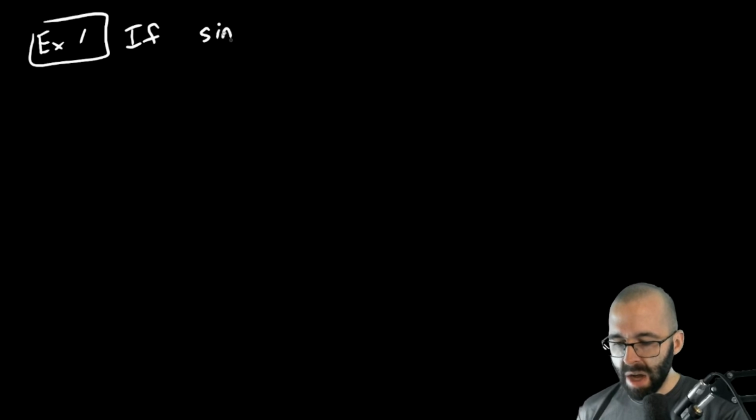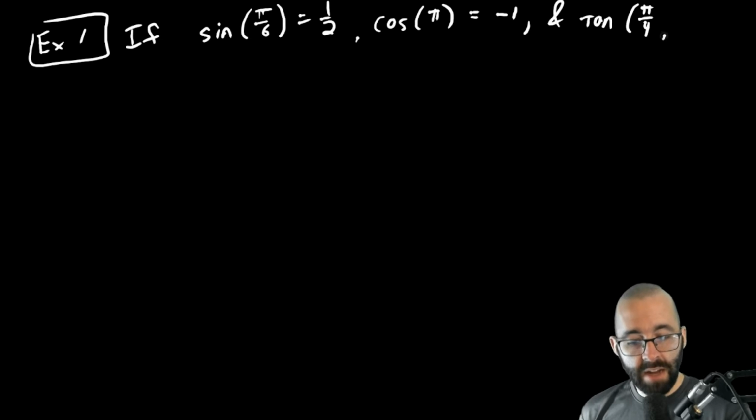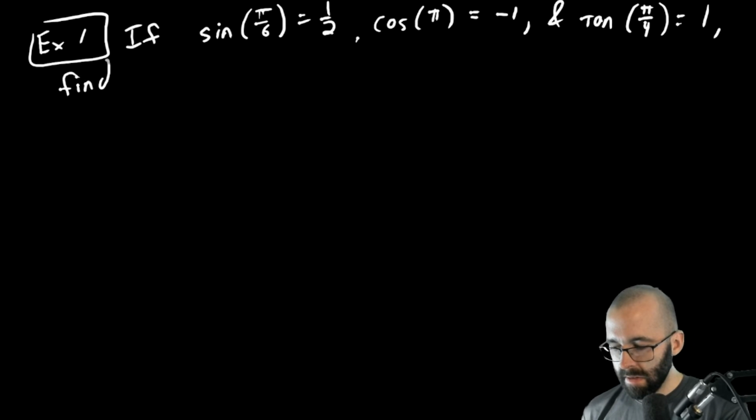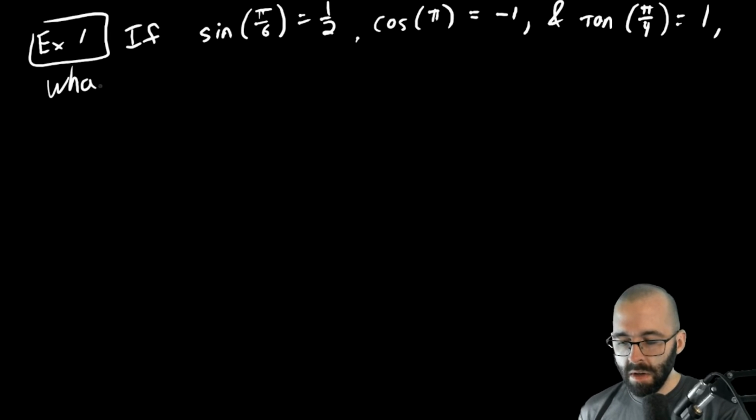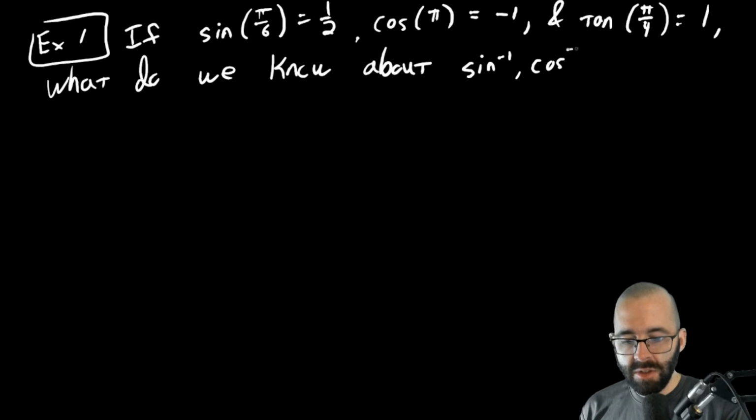If the sine of pi over 6, also known as 30 degrees, is equal to 1/2, and the cosine of pi, also known as 180 degrees, equals -1, and the tangent of pi over 4, also known as 45 degrees, equals 1, then what do we know about inverse sine, inverse cosine, and inverse tangent here?